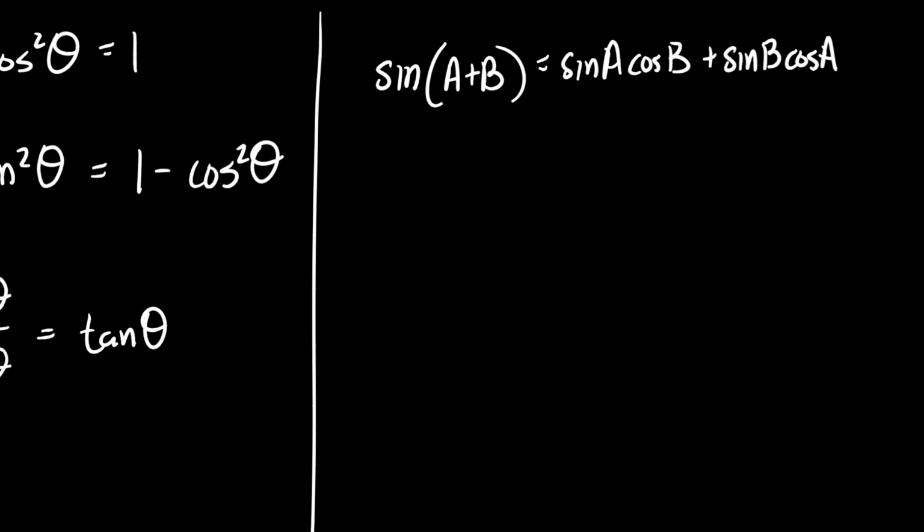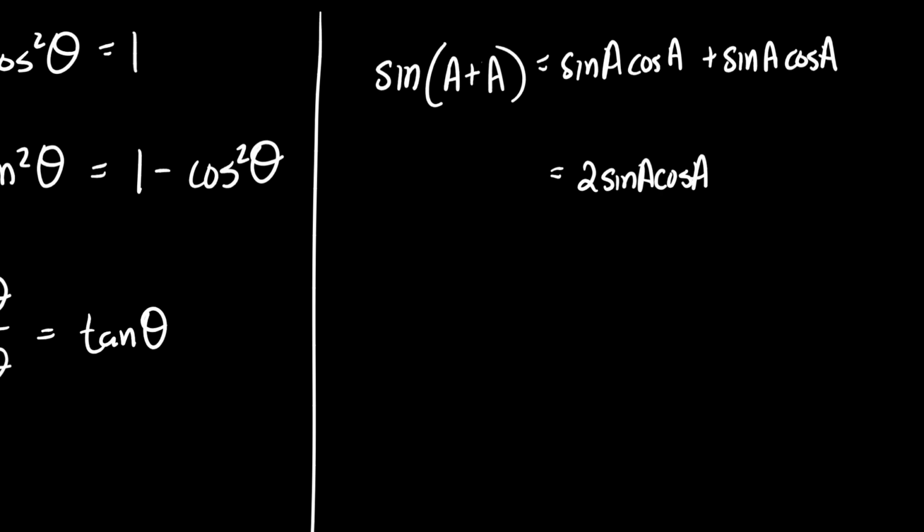I'm going to replace all of the B's with A. So it's sine of A plus A. Now if I do that, do you notice on the right side that it's 2 sine A cosine A? So you just add those 2 things together.